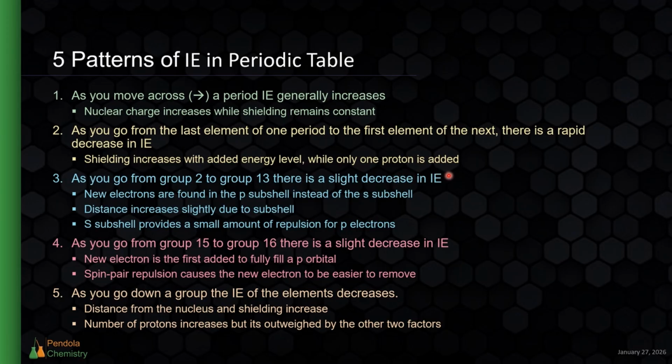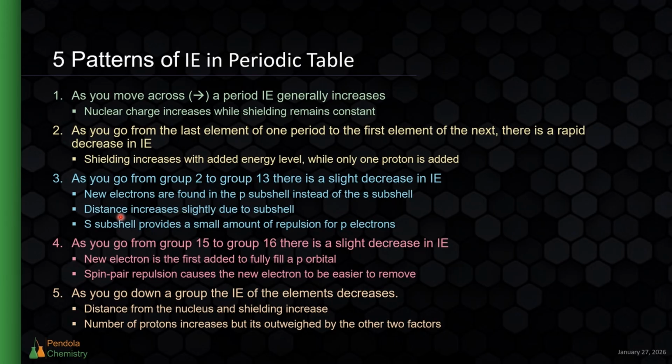As we go from group 2 to 13, there's a slight decrease in ionization energy. New electrons are going to be found in the p subshell instead of the s subshell. Because the s subshell becomes full, group 13 is going to have to put those electrons in the p subshell.